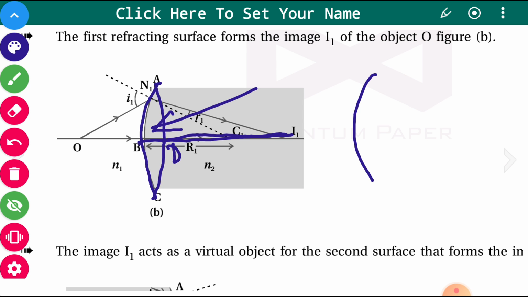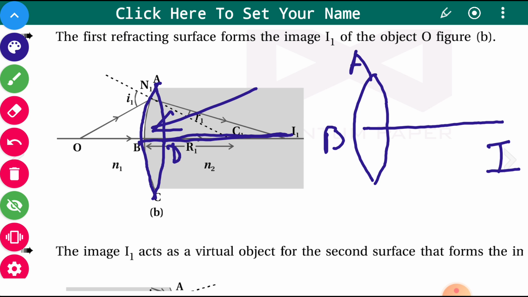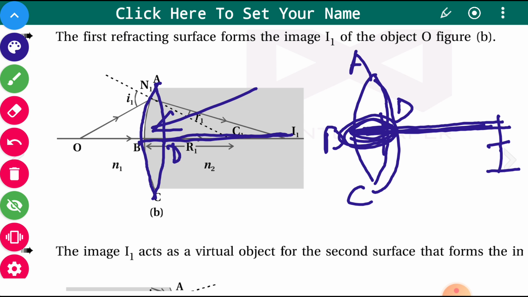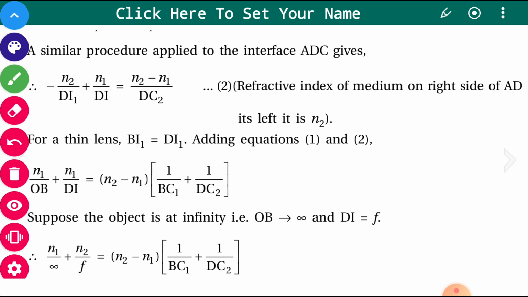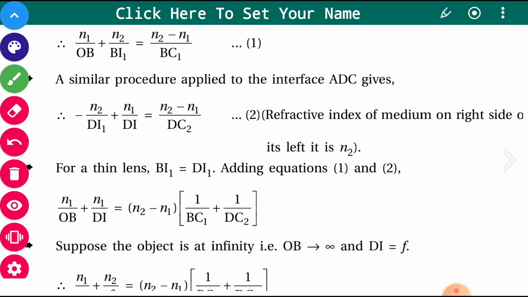So either you measure the distance of this I1 from the first surface, that is the ABC surface, or the other surface, that is the ADC surface, this distance will be the same only because this is a very small distance, that is, this is a very thin lens. So bI1 and dI1 both are approximately the same, so we write bI1 is equal to dI1.